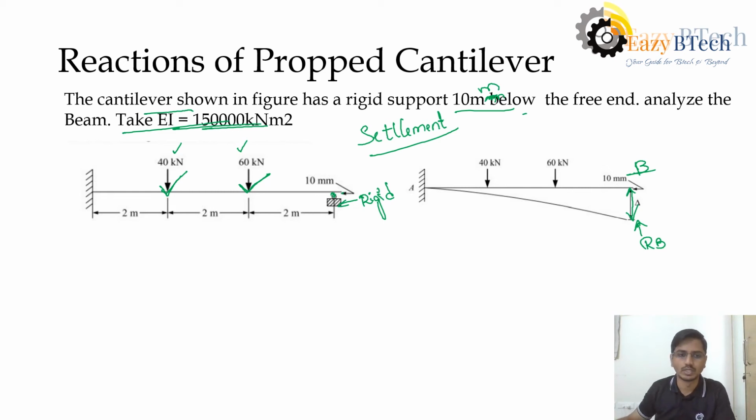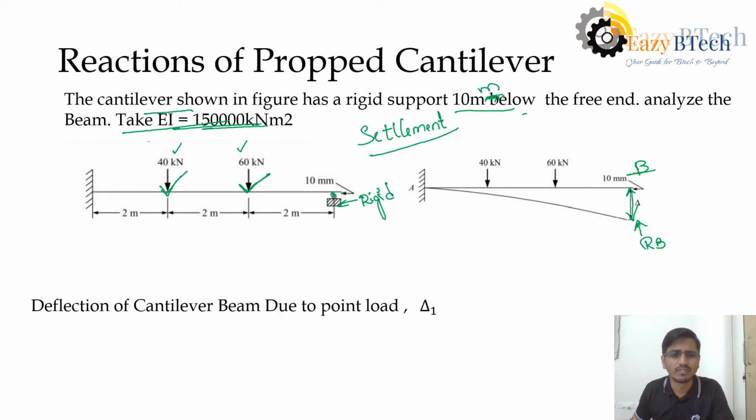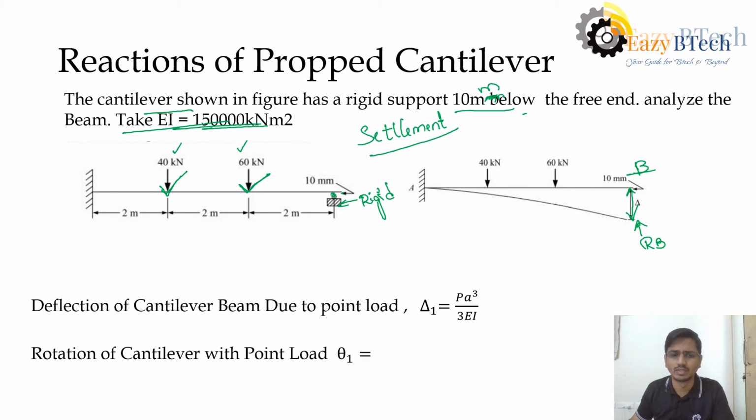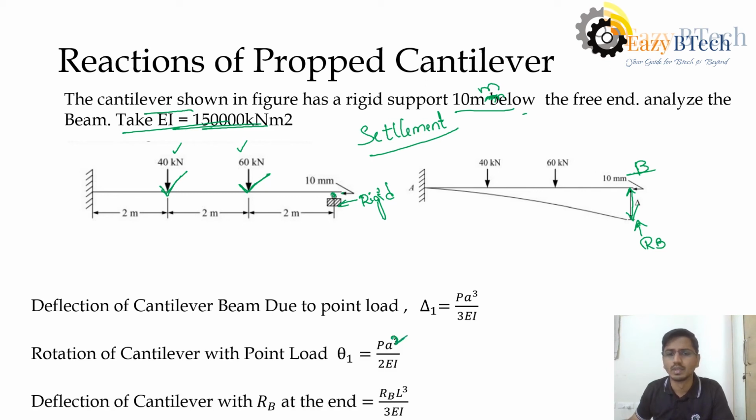So we'll start. This formula we have seen: PA cubed by 3EI is the deflection, PA square by 2EI is the rotation, and RB L cubed by 3EI is the deflection due to the RB.